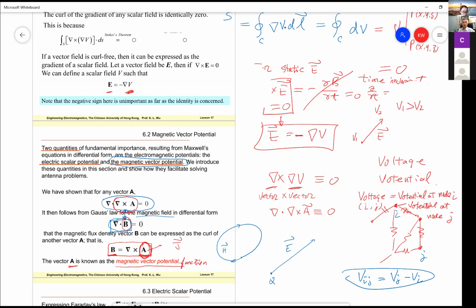Then we can easily obtain the A potential, use this relation to find the B field, and then you can find the H field.